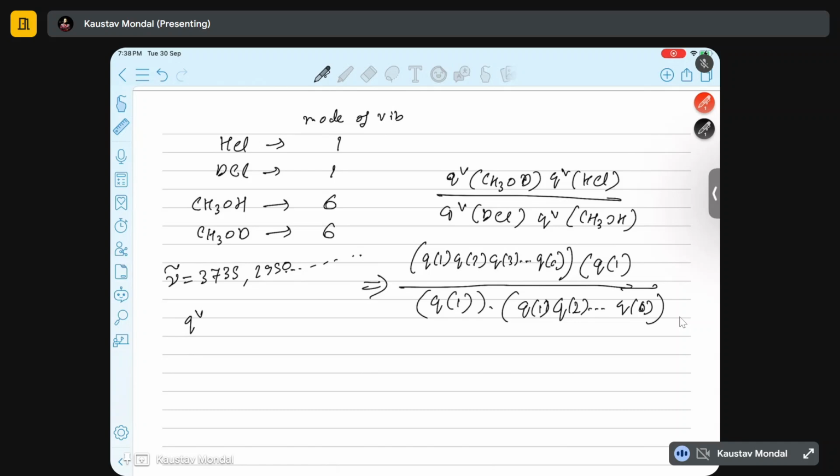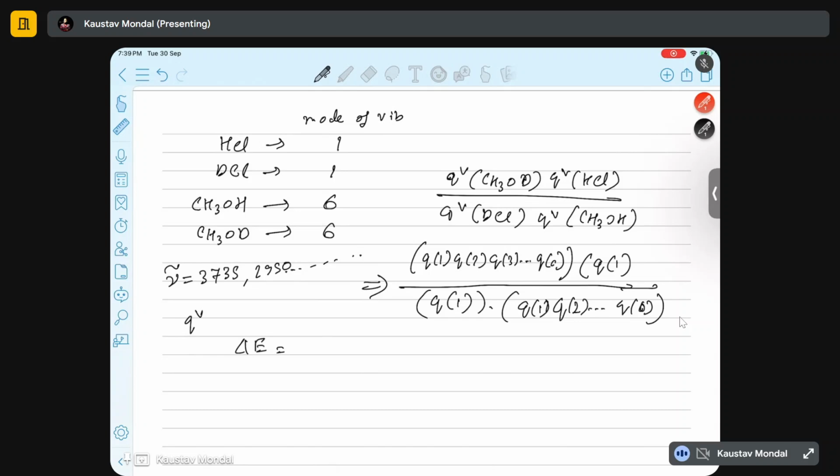After calculating the rotational and vibrational parts, the last thing that we have to calculate is the delta E. Delta E is basically the energy that you can calculate from the zero point vibrational energy.